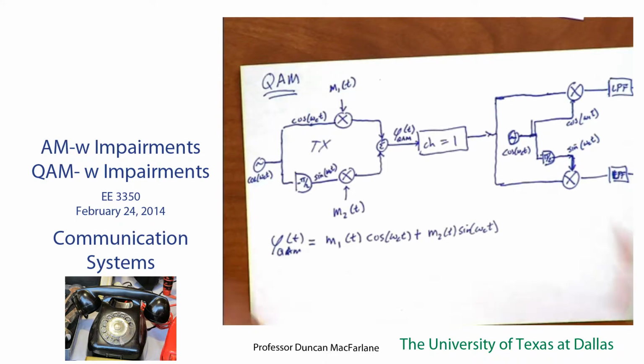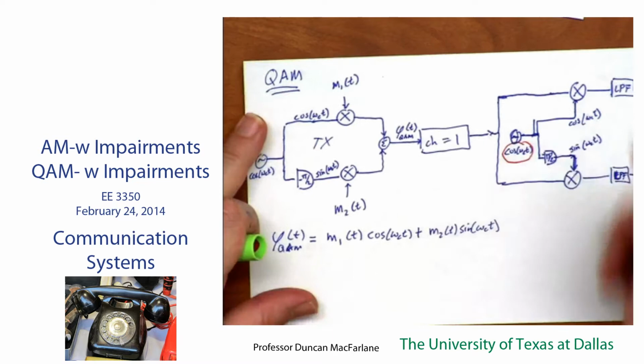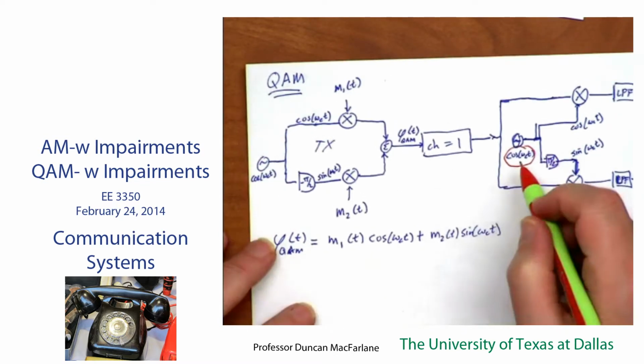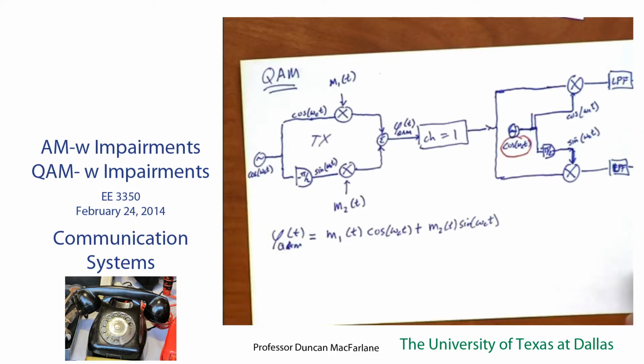So what we're going to do is look at impairments, and do exactly the same thing we did before. What happens if that cosine is different? What happens if that's not a perfect cosine?